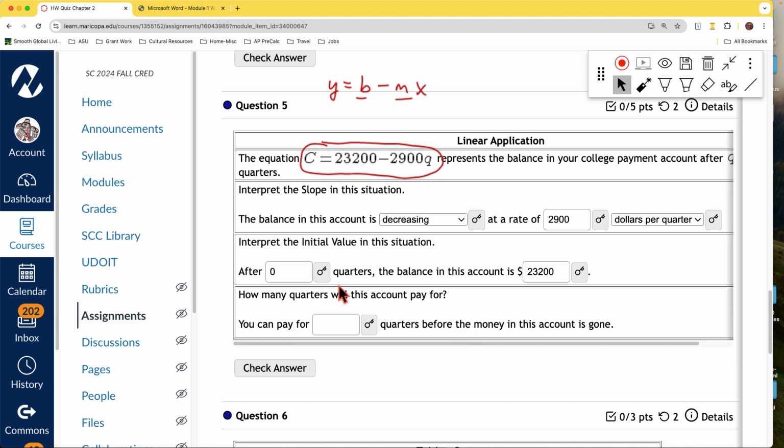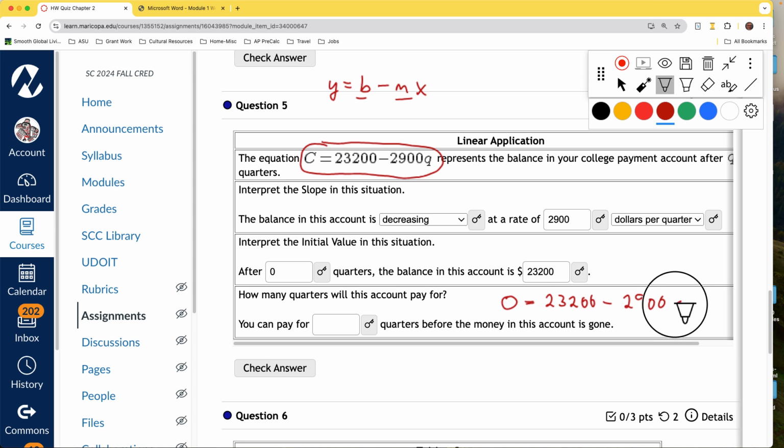So those types of questions. Again, your equation will probably be different, but the questions will be very similar. How many quarters will this account pay for? Here's a key: basically, when do we run out of money? We'll run out of money when we have $0 left. So now we need to solve this equation.